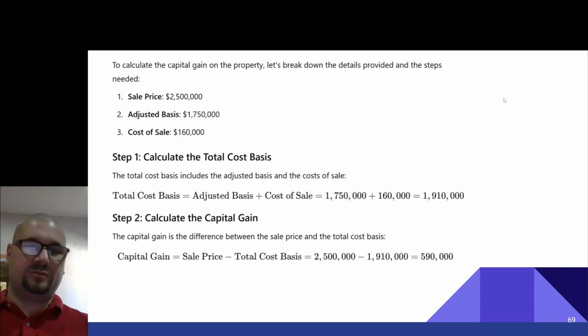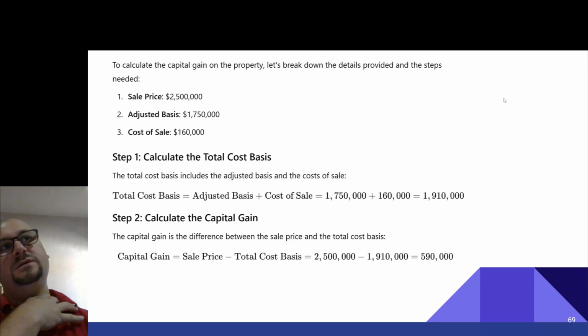So calculate total basis. The total cost basis includes the adjusted basis and the cost of sale. So total cost basis equals adjusted basis plus the cost of the sale.